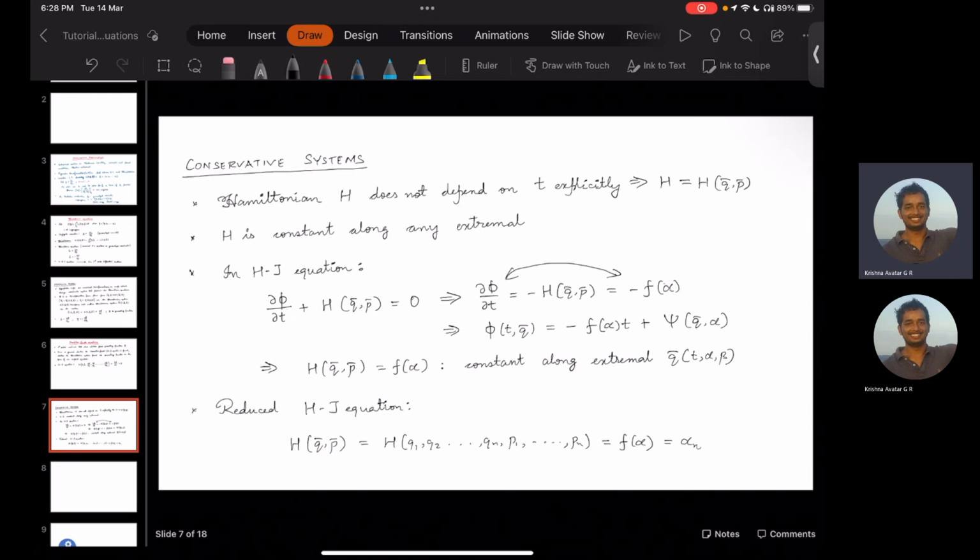So this gives us the reduced HJ equation, and this is nothing but restatement of what is seen here of this statement. Right. So with this, we have covered the review part.